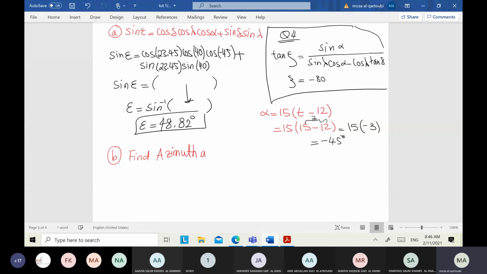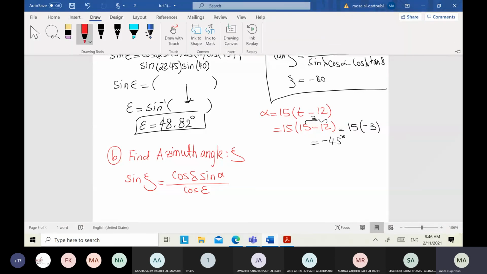In this case, sine of zeta will be cosine of delta, then sine of alpha over cosine of epsilon. We need to substitute for epsilon. When we substitute, we should find zeta equal to about minus 80, same as question number 4.